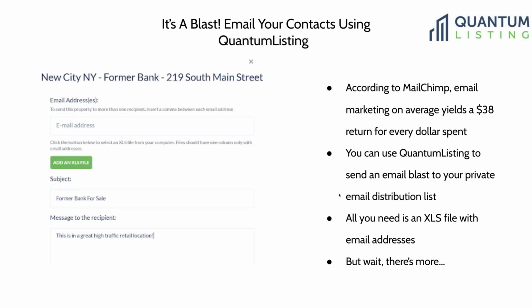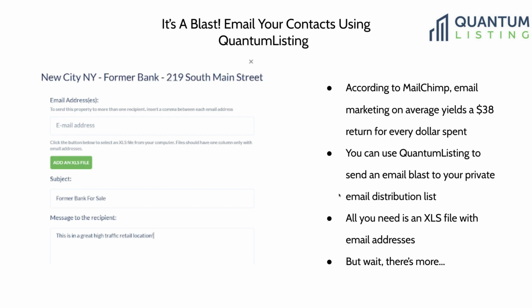So let's move on. And here is another one of our premium features. So if you are a premium QuantumListing member, you can ask us to send email blasts to our list on your behalf. So according to MailChimp, email marketing has an ROI of 38x.